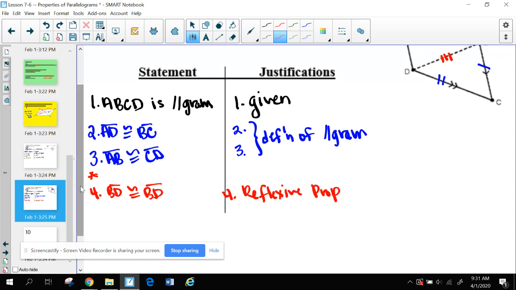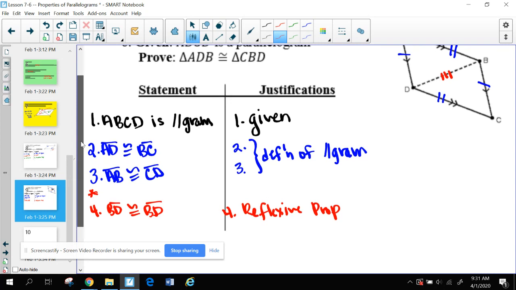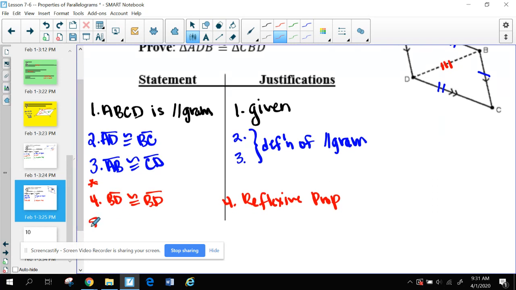And if I know that and I look at my picture, then I know that the triangles are congruent by side, side, side. So then I can say triangle ADB is congruent to triangle CBD by side, side, side. So that is an option, right? Then we've proven.